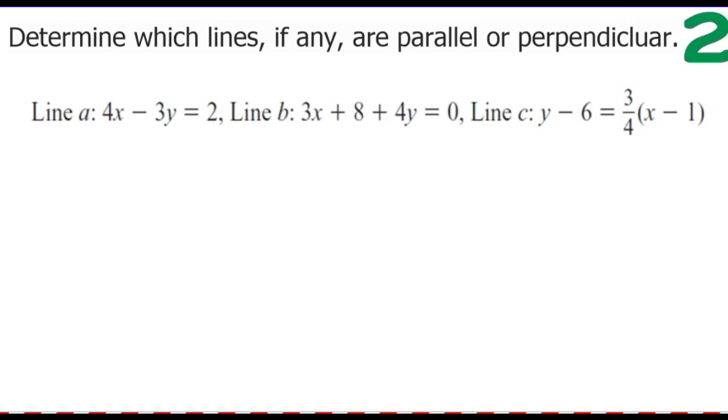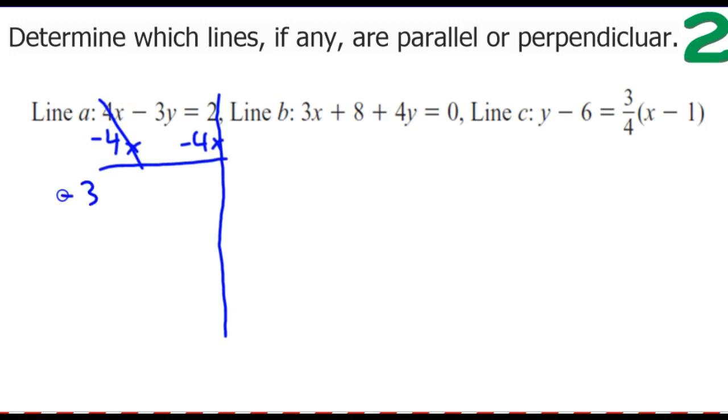Alright, next one, we have to determine which, if any, are parallel or perpendicular. So we need to find the slope of all of these. So this one is not in slope-intercept form, so I'm going to make it into that form by subtracting 4x.